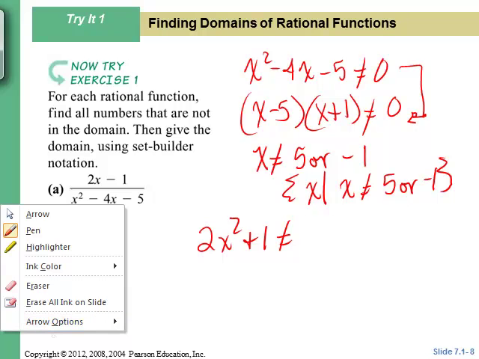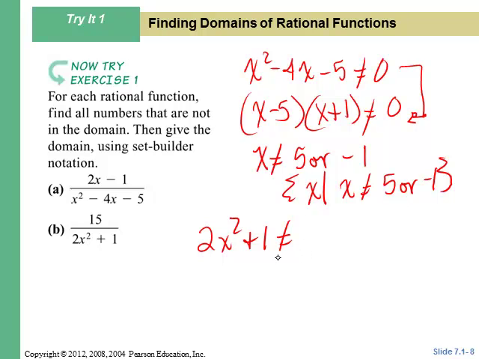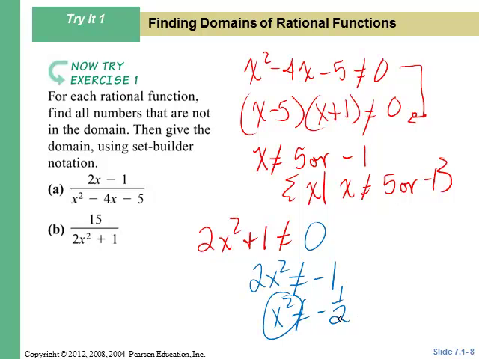All right, for the second one, I'm going to change colors. 2x squared plus 1 does not equal 0. 2x squared does not equal negative 1. X squared does not equal negative 1/2, which obviously it doesn't because this is always going to be positive.